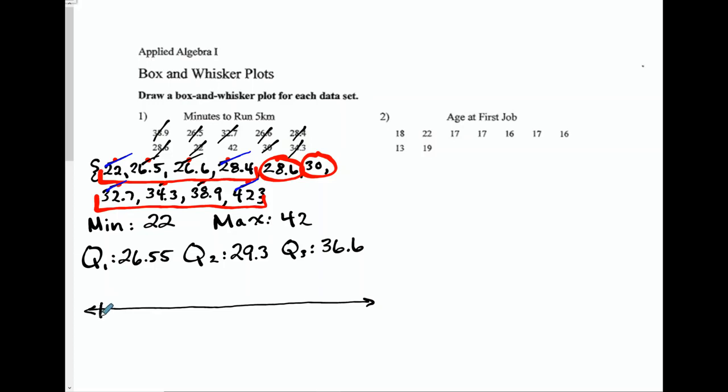I know that my minimum is going to be 22, and I know that my maximum will be 42. And I feel like in order to be most efficient, I should probably count by 2s. So 24, 26, 28, 30, 32, 34, 36, 38, 40, 42.